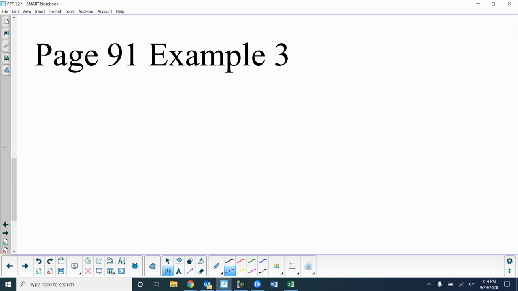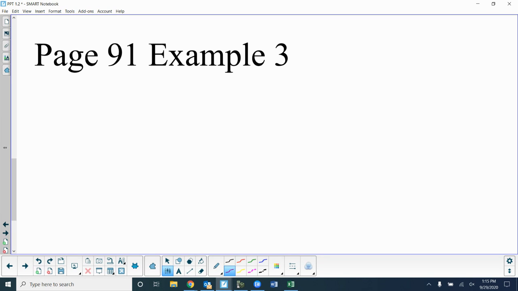Maybe you art people could help me with that. The length or height of this rectangular shaped painting is 24 centimeters more than its width. The perimeter of the painting is 260 centimeters. Find the width and length of the painting.